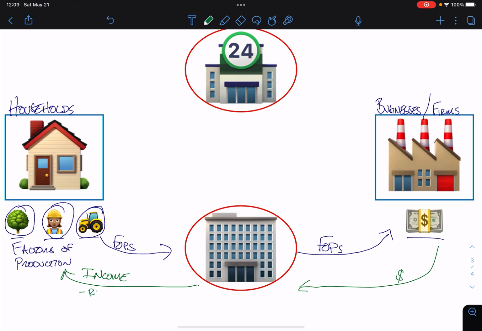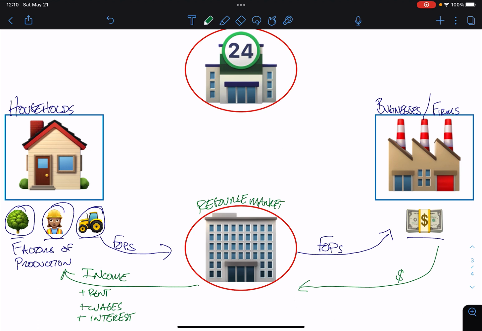They'll earn rent for selling land, wages for selling labor, and interest for selling capital. The exchange occurs in the market that we call the resource market. This is the market where households sell their factors of production and the firms buy those FOPs.